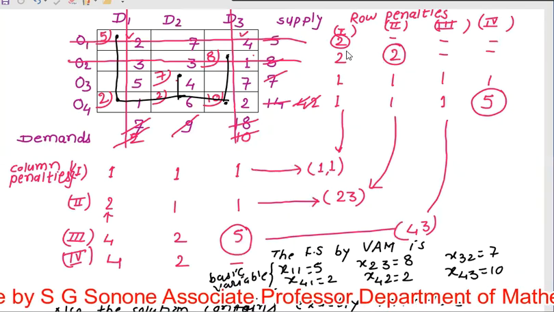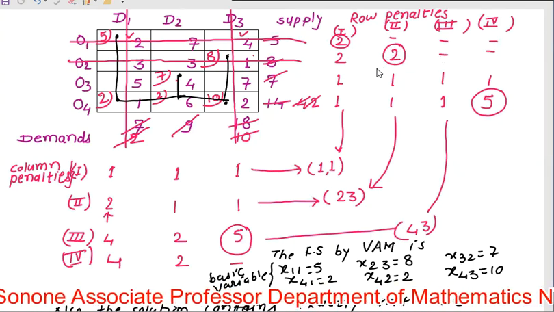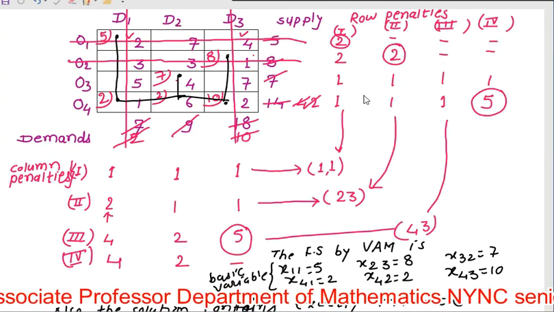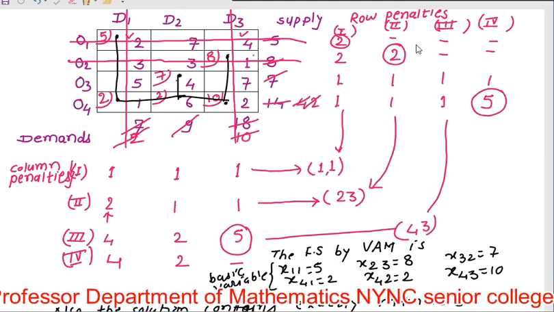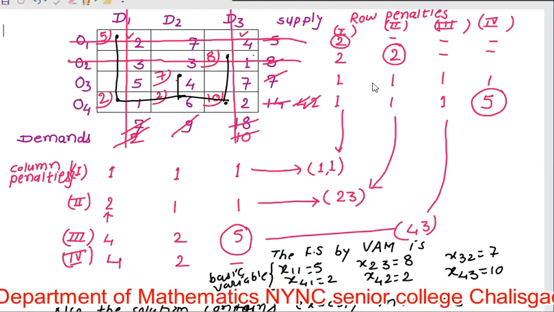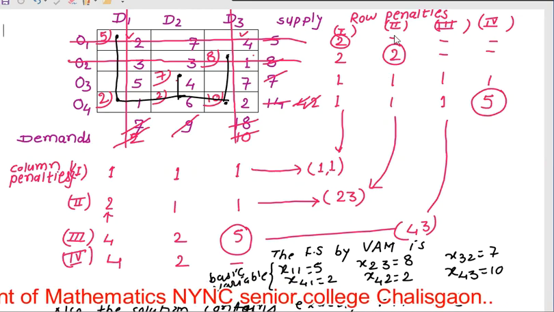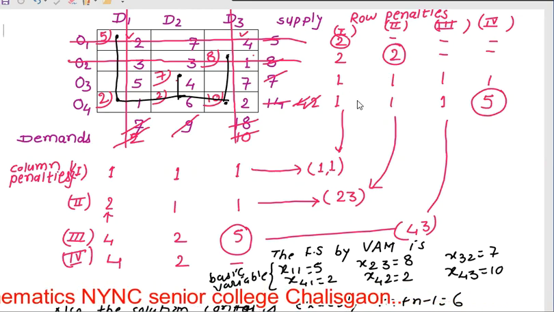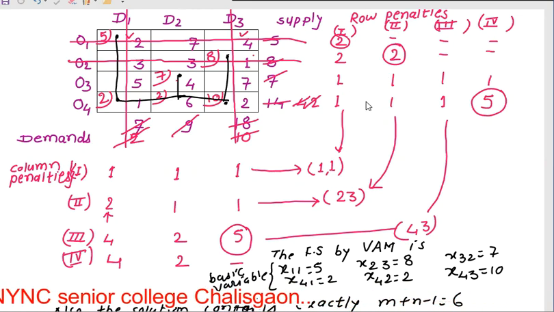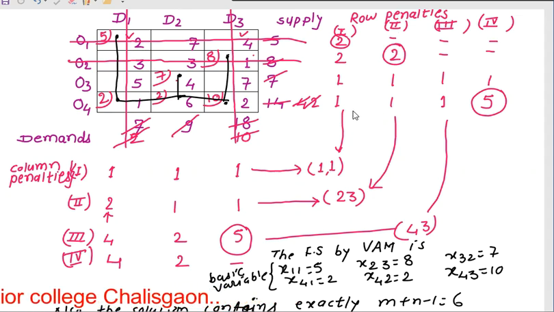If supply exhausted, we delete that row. If requirement satisfied, we delete that column and consider the remaining matrix. It is called the revised matrix. So we consider the revised matrix with revised totals and repeat the same process for the revised transportation table. Continue this process until all the supply is exhausted and all the requirement satisfied. So this is VAM.